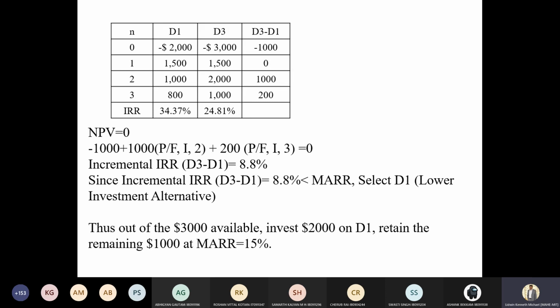Thus out of 3,000 available for investment, only 2,000 is actually invested in D1. 1,000 rupees is retained at MARR of 15%.